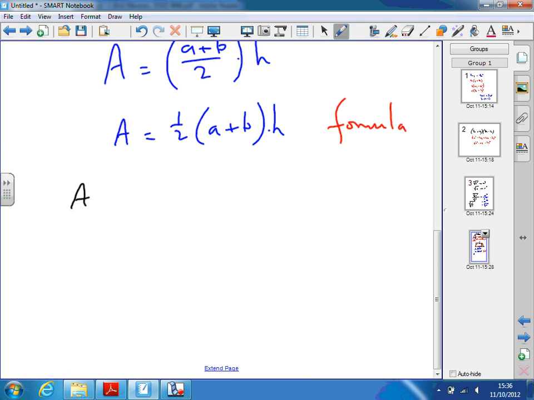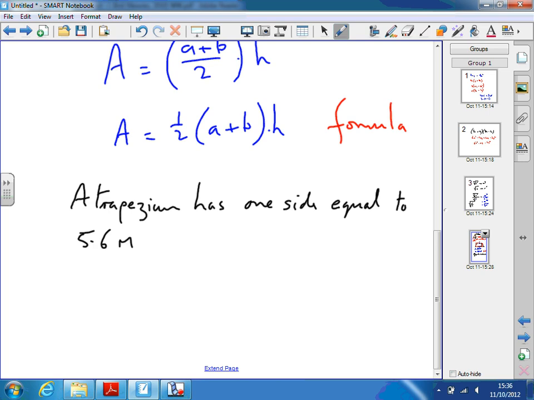A trapezium has one side equal to 5.6 meters and the vertical height of 2.1 meters.